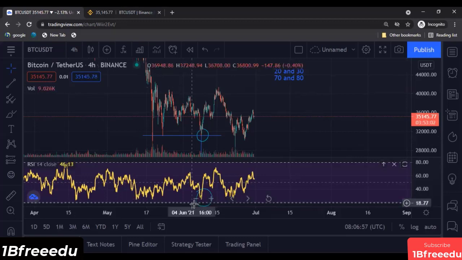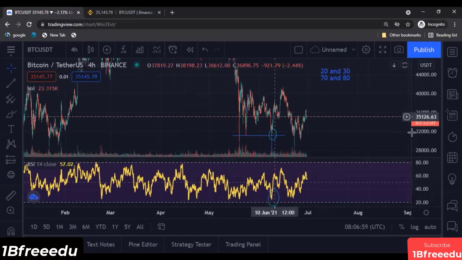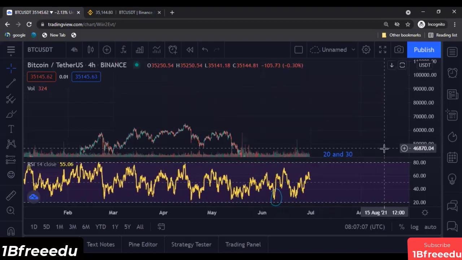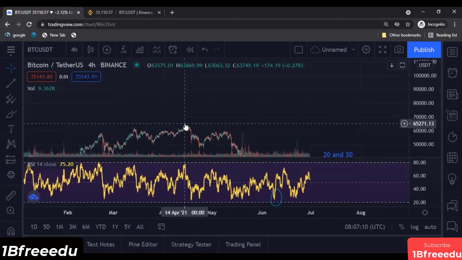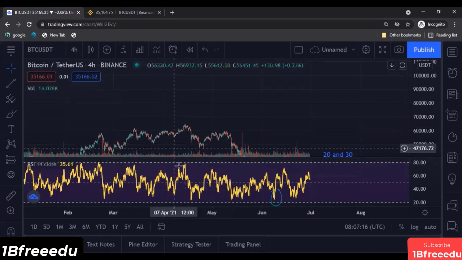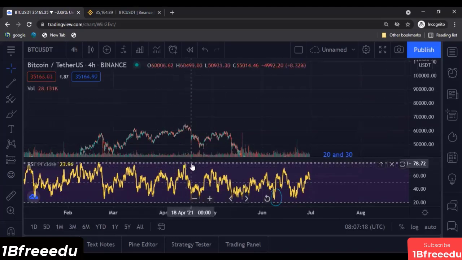If you look here, at this point around 64,000, when Bitcoin would be considered overbought, it was touching around 78 RSI on a 4-hour chart.